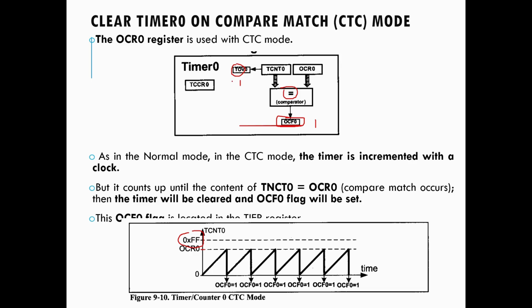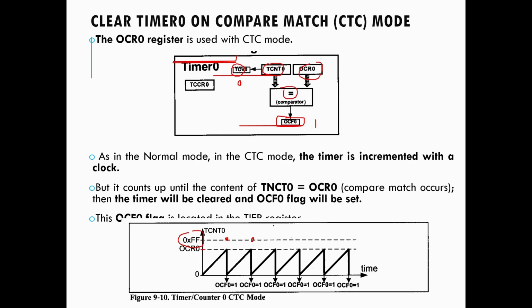Since our TOV is 0, this is not the overflow method. If TOV is 1, that's where you can see the TCNT reach FF. But now we are using the CTC mode, which compares the TCNT register and the OCR register, so the value of TCNT will not exceed 0xFF.